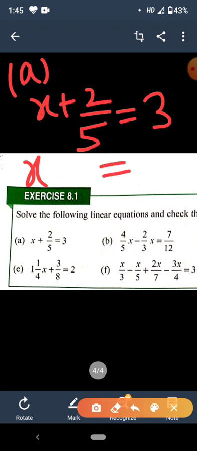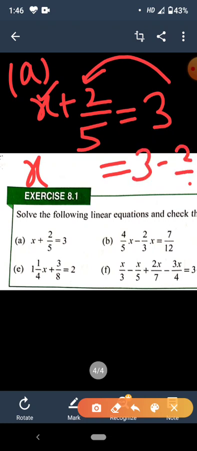Numbers will be operated with numbers, variables will be operated with variables. So here it is a variable, it is a number, so change the side of the number. Here it is a sign of plus, change the sign. Fine, this is your first step, that numbers will be put with numbers, variables together with variables. Here leave x, and 2 by 5 will go to the other side.